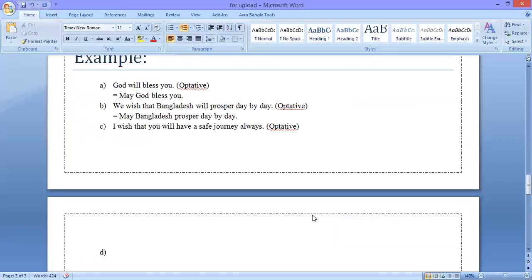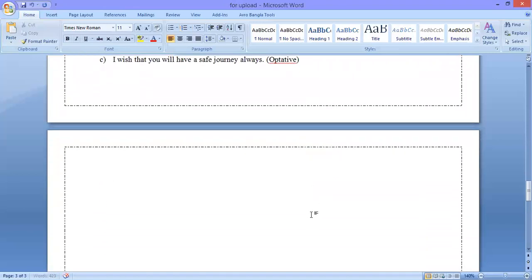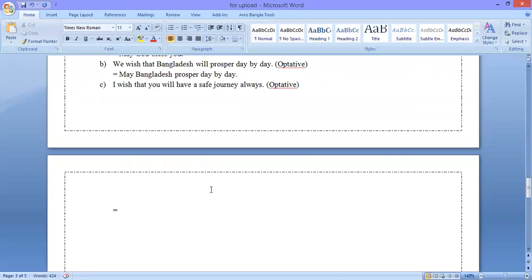Okay, the solution will be: here we can see, I wish that you will have a safe journey always. If you want to make this optative, we can do it in another way. That is, have a safe journey always.